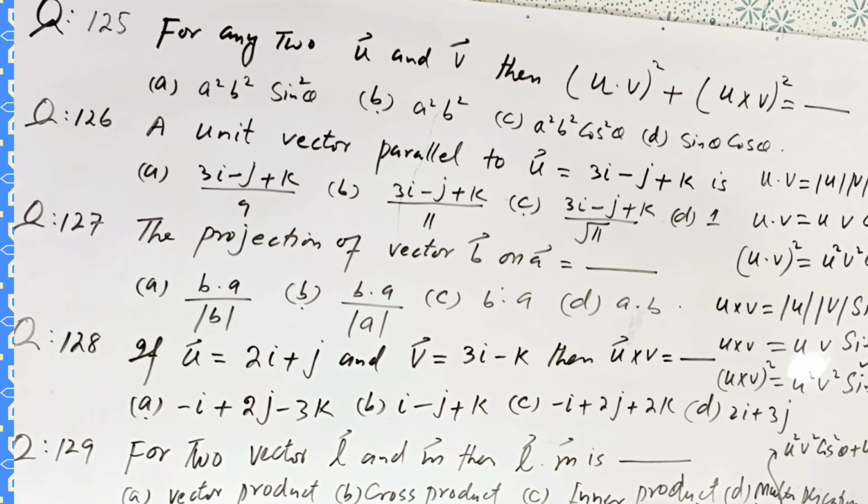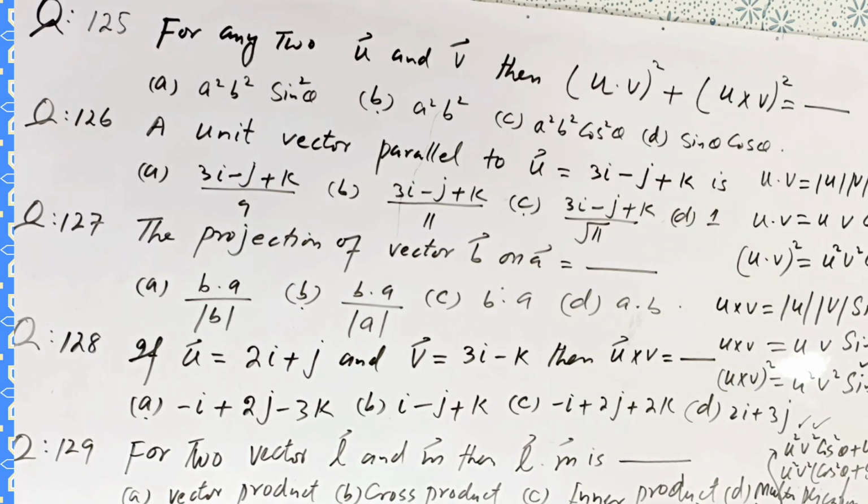Now u squared v squared is common, so we get cos squared theta plus sine squared theta, and this result is equal to 1. So we get u squared v squared into 1, which is u squared v squared. That is the correct answer.